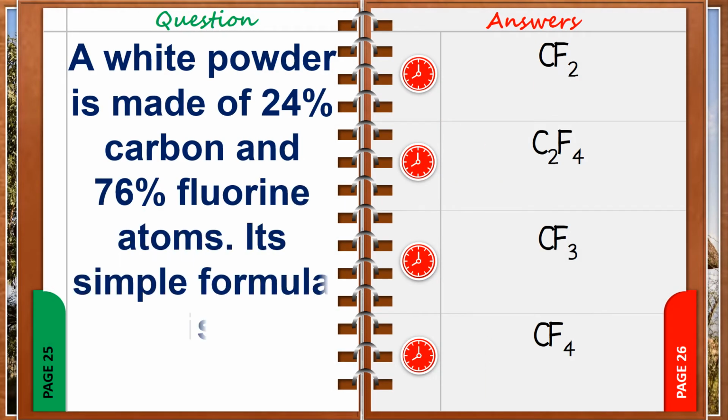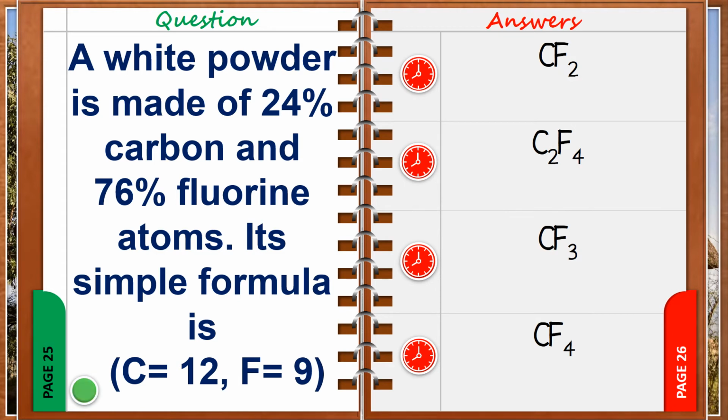A white powder is made of 24% carbon and 76% fluorine atoms. Its simple formula is, given carbon equals 12 and fluorine equals 19, CF4.